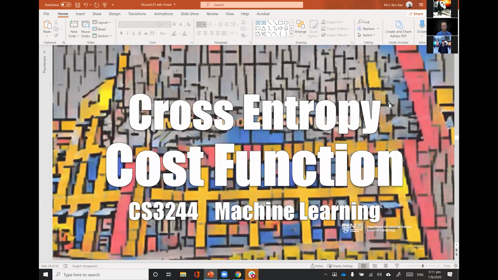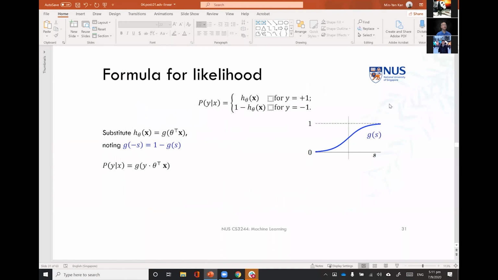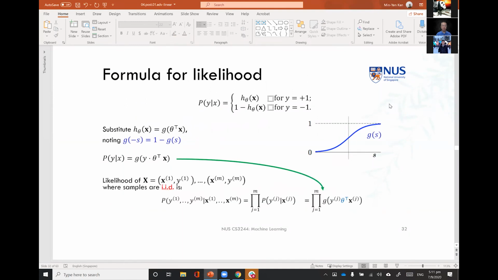All right. So we go to cross entropy. Some of you asked about the cross entropy. Here again, what we are trying to do is find a good idea of the likelihood of a point. All we're doing here is using this sigmoid function to get a cost.